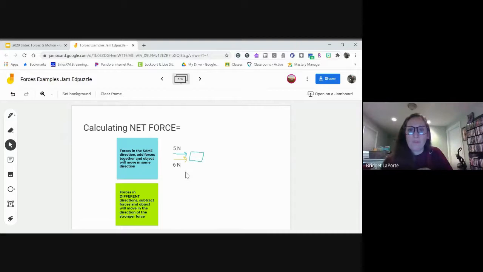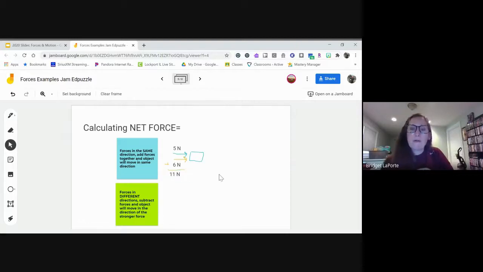So if you're both pushing on the same box in the same direction, you are going to add the forces together. So when we try and figure out what the net force acting on this object is, we would say that that total net force is, adding them together, 11 newtons.